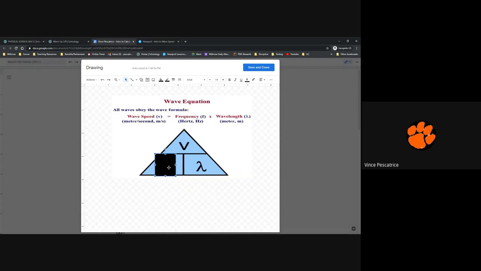If the question's asking you for the speed, what is the speed of a wave that has a frequency of this and a wavelength of that, you're going to cover up V. Now you have F and wavelength at the bottom, moving side by side. You're going to be multiplying the frequency times the wavelength. And if it asks you for the wavelength, it'll give you the other two parts. You have V over F.